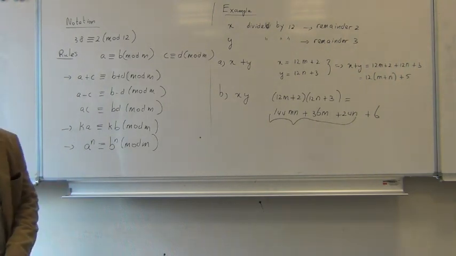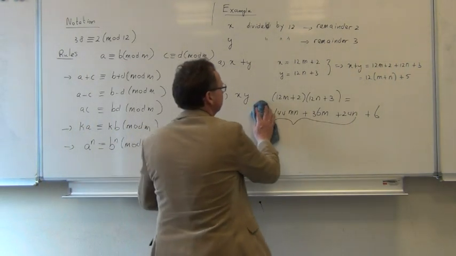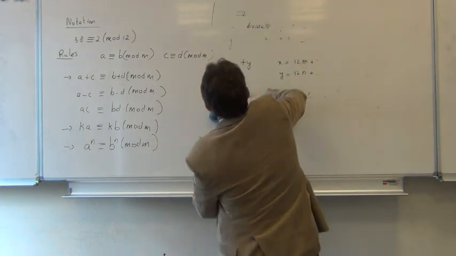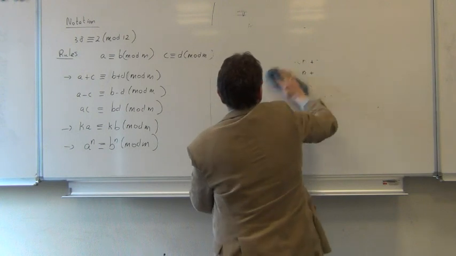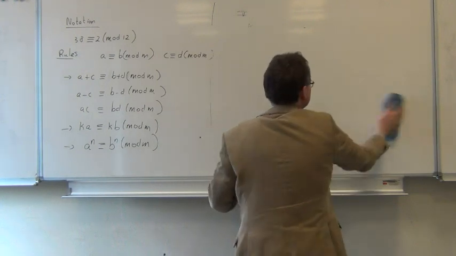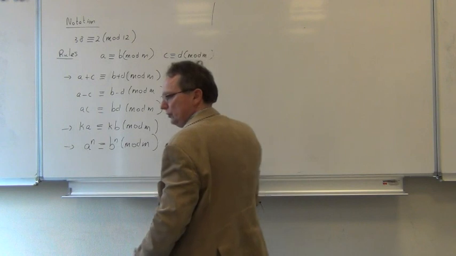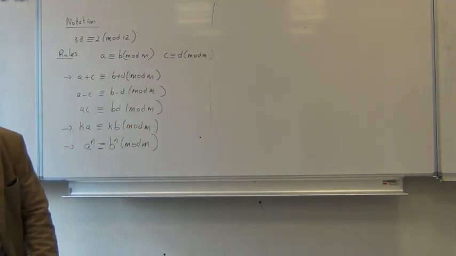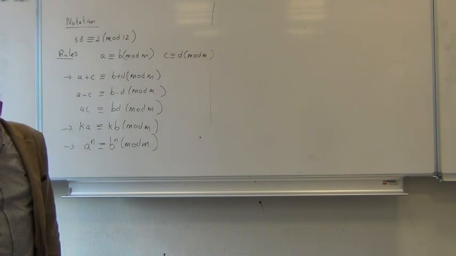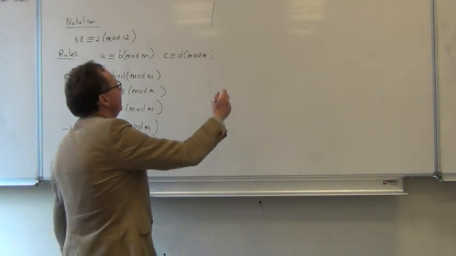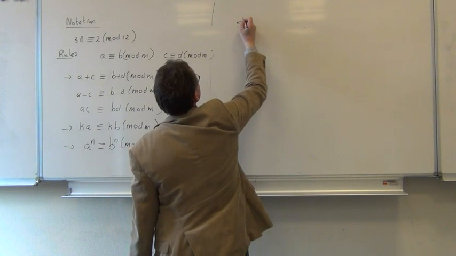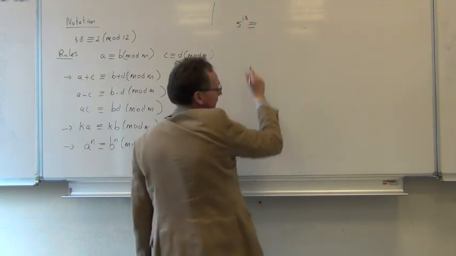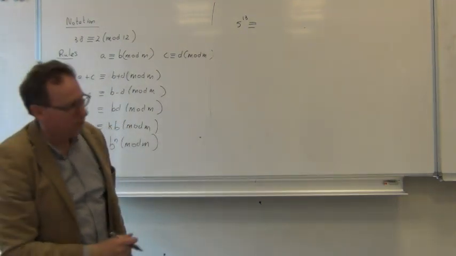And it turns out that now it's possible to do some calculations, even without a calculator. And if you just practice that a little bit, you can easily develop some skills there. For example, suppose we would be asked to find 5 to the power 13 modulo 7.